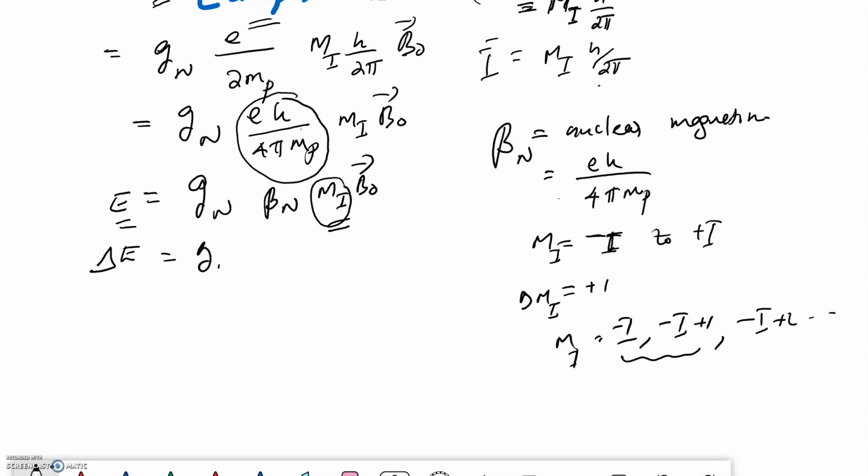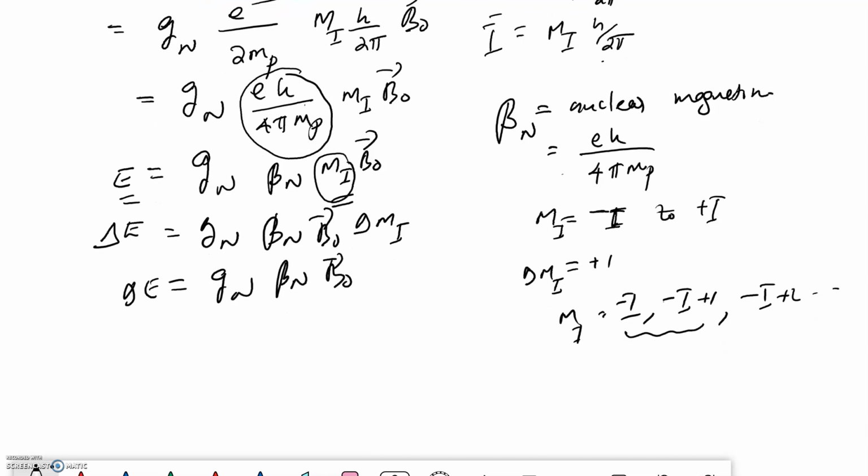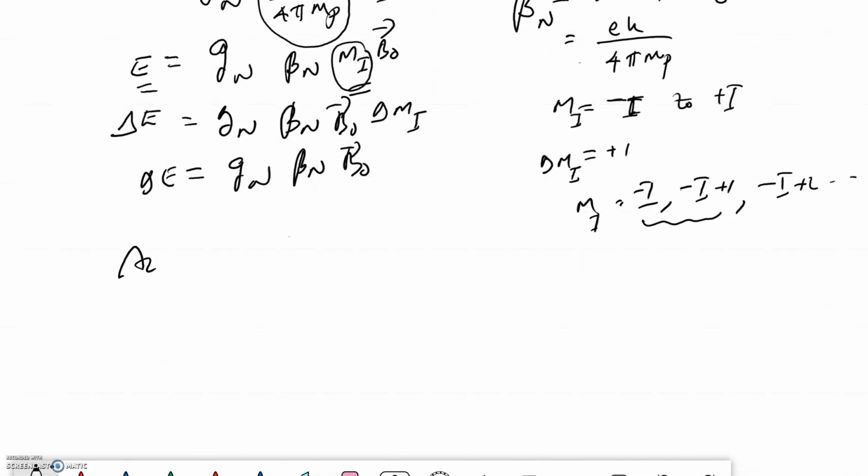So delta E is equal to Gn into beta n into B0 into delta mi. For adjacent levels, delta mi is equal to 1. And according to the quantum mechanical selection rule for magnetic transitions, the NMR transition, delta mi is equal to plus or minus 1.